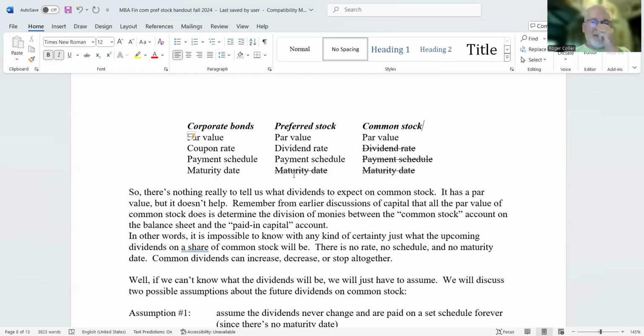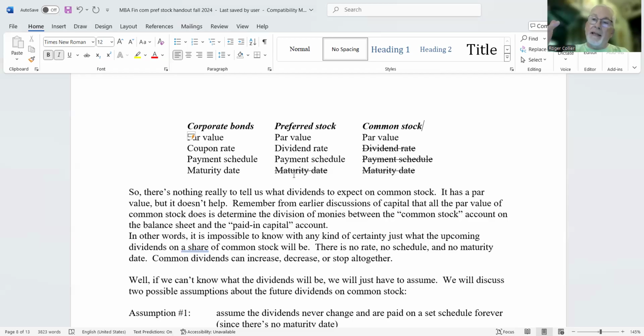Why is it that common stock is such a free-for-all? Well, I believe we talked about it earlier when we were talking about the balance sheet and the income statement, and the idea that when we're talking about net income on the income statement, bondholders get paid first.